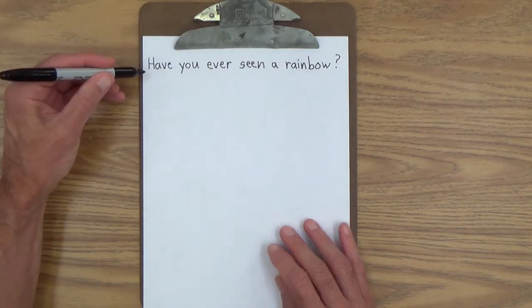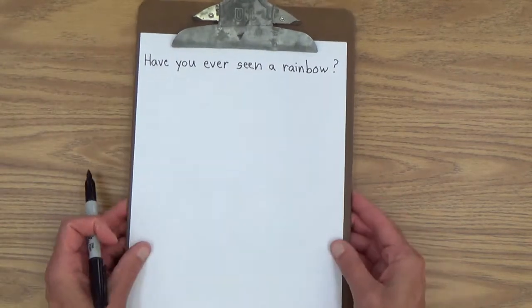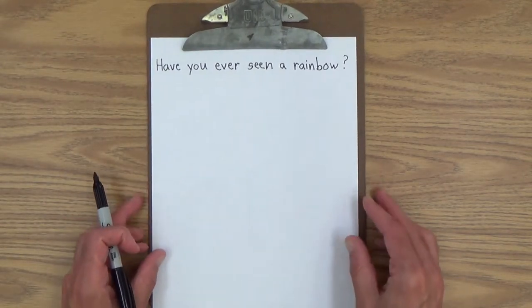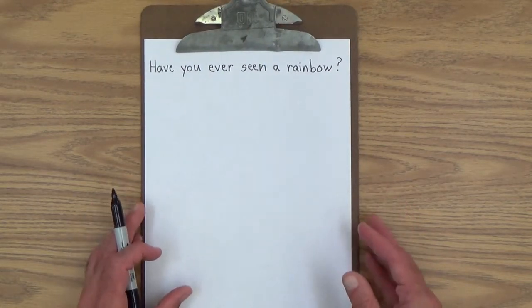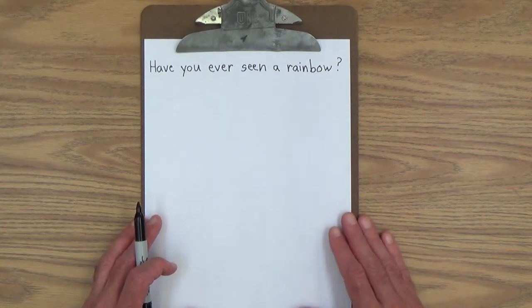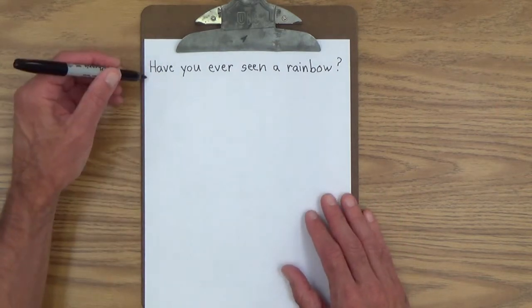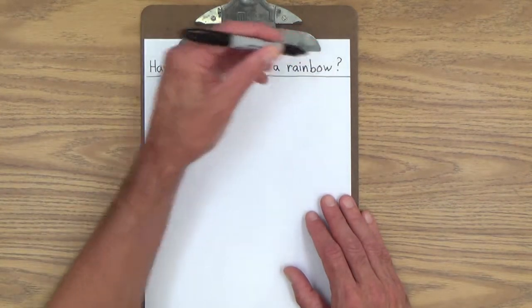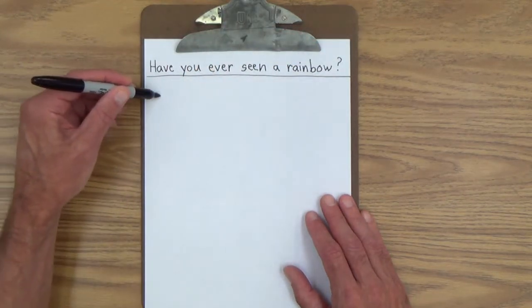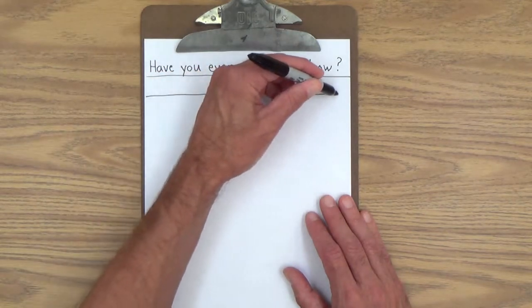So I'm talking away here, so why don't I show you what I mean. So here's our survey sheet. As you can see, it's on a clipboard, which means you can take it with you places, or it's easy to move around and easy to use. So the question is already written down. I'm going to put a line across like that. I'm going to put another line across like that.